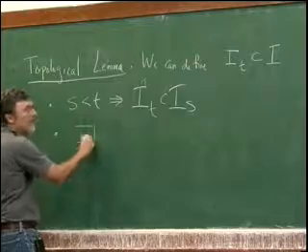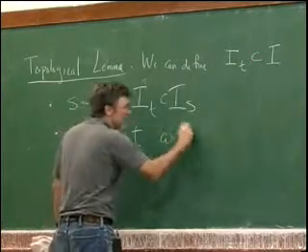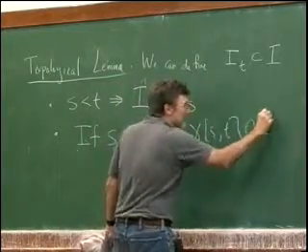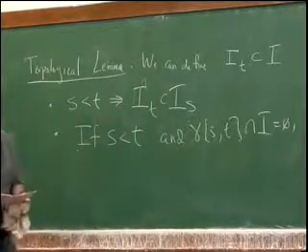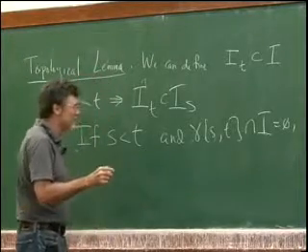It doesn't change if I'm off the real line. If S is less than T and gamma ST doesn't hit I, it doesn't change.